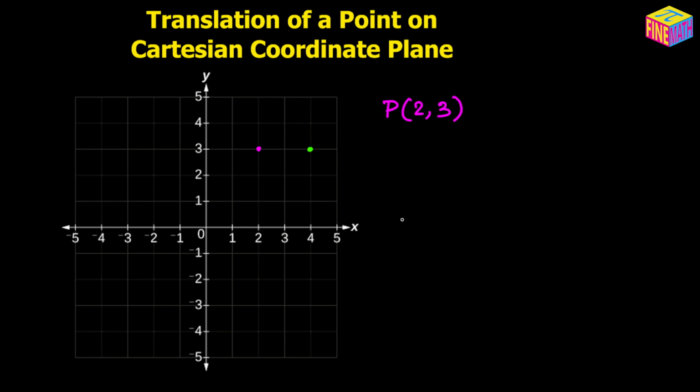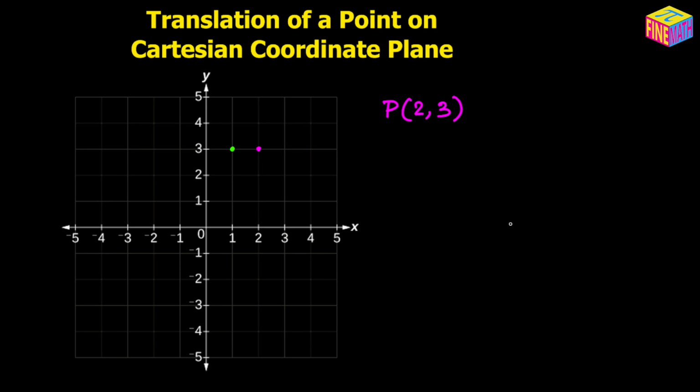And now let's talk about moving a point to the left. Suppose I move this point by 1 unit to the left. Its new location will be the green dot again. What will be the coordinate of that point? Because I am moving it to the left, the change is happening along the x-axis. I am going in the negative direction of the x-axis. So our x coordinate will be reduced by 1 unit.